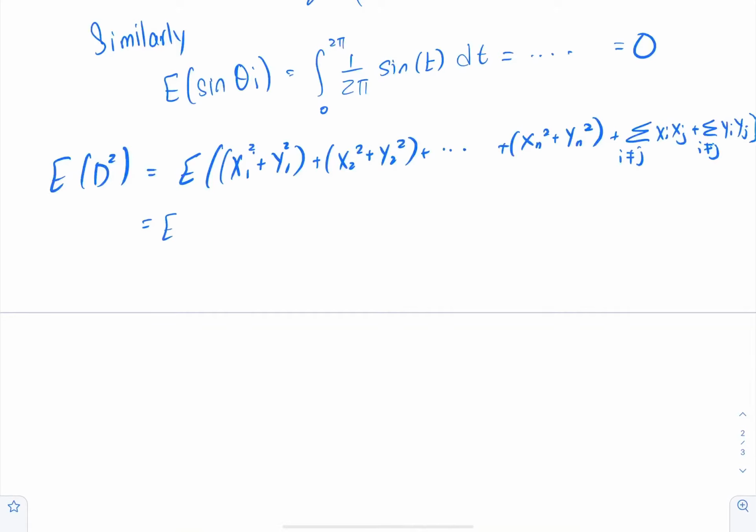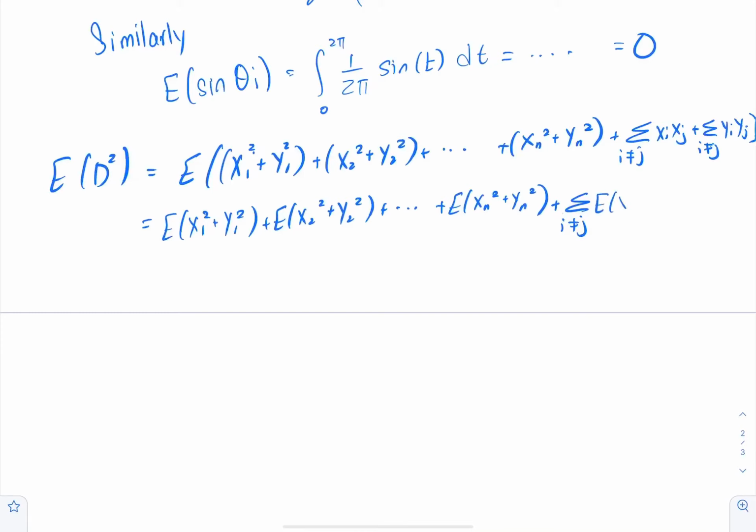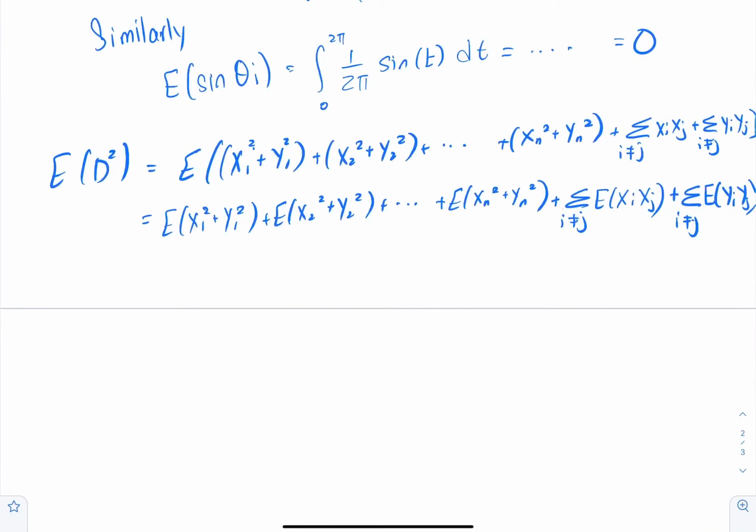Okay, put it all together. The expectation of a sum is the sum of the expected values. And we've already seen each one of these is 1.